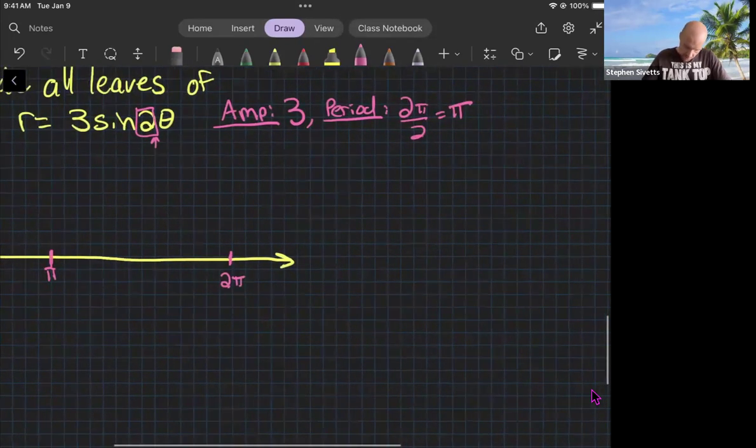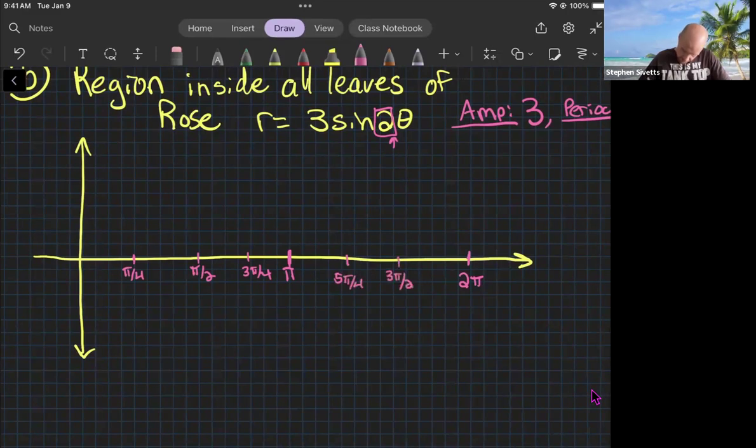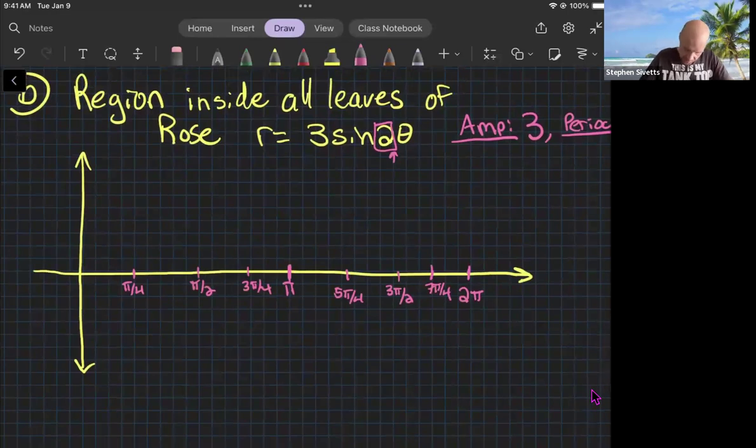And so the hash marks will be at pi over 4, pi over 2, and then 3 pi over 4, and then pi, and then 5 pi over 4, 6 pi over 4, 3 pi over 2, and then 7 pi over 4, and then 2 pi. Our amplitude is 3, so 3, and then minus 3 here.